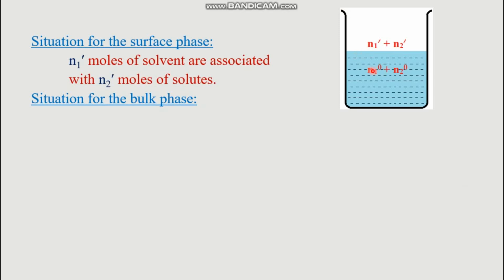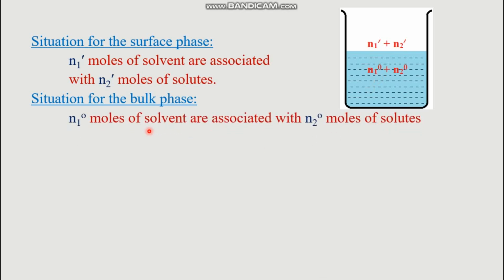But in the bulk phase, can you say what is the number of moles of solute which are associated with n1 prime number of moles of solvent in the bulk? In the bulk you have n1 0 number of solvent, but you have to find out the value with respect to n1 prime number of solvent in the bulk. So you have to apply the unitary method. First of all, you have n1 0 moles of solvent associated with n2 0 moles of solute in the bulk phase.